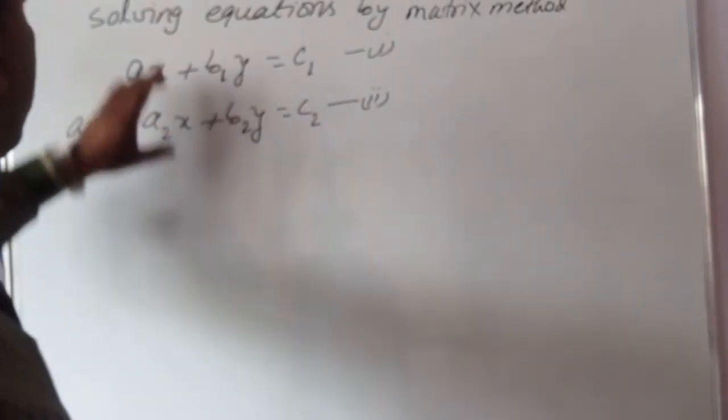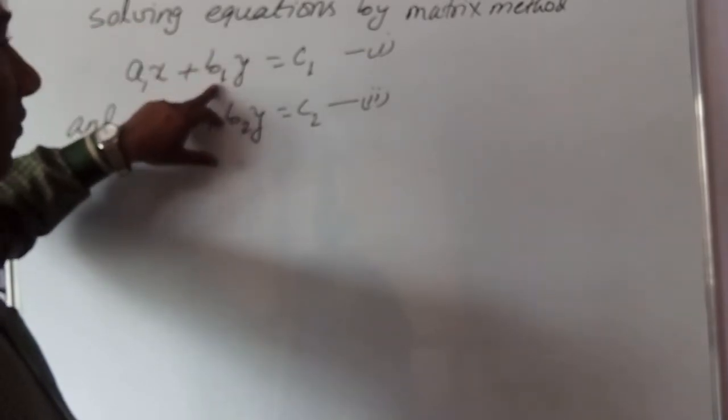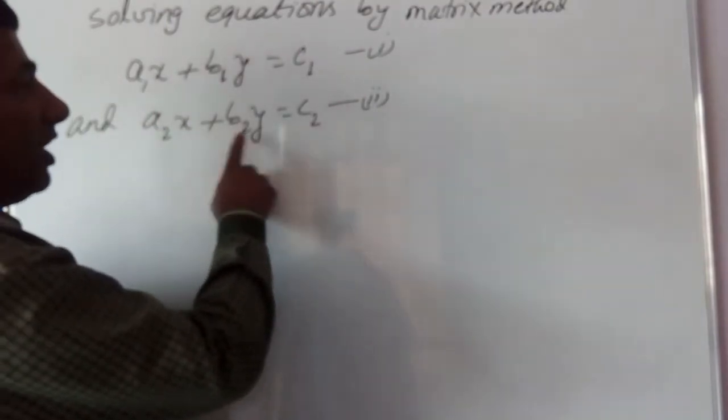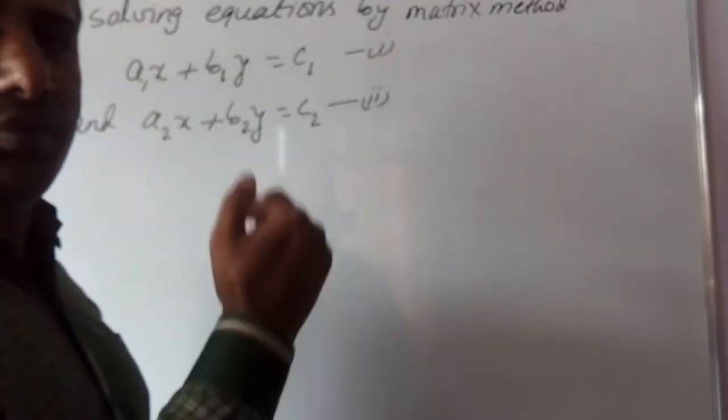Now here a1 is the coefficient of x, b1 is the coefficient of y, c1 is the constant; a2 is the coefficient of x, b2 is the coefficient of y, c2 is the constant. These a1, b1, c1, a2, b2, c2 are numbers; any number can be there.